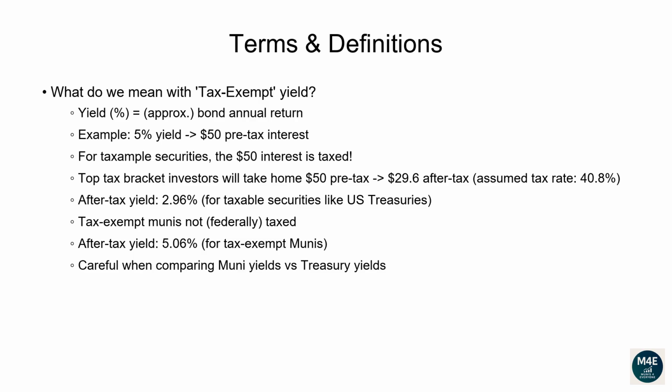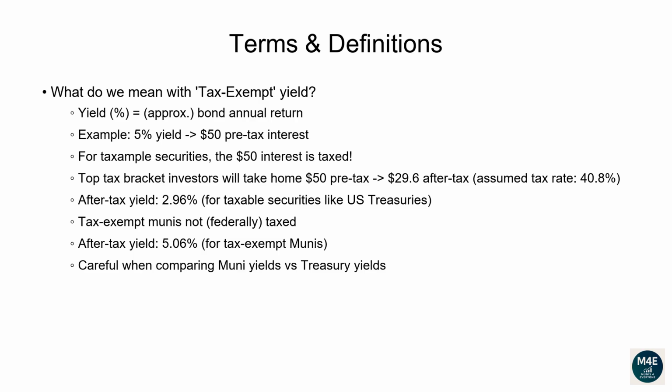If you're in the highest tax bracket, currently 40.8%, your after-tax interest actually received would be $50 times 1 minus 40.8%, and that's equal to $29.60. This means your true after-tax yield is 2.96%, not 5%.